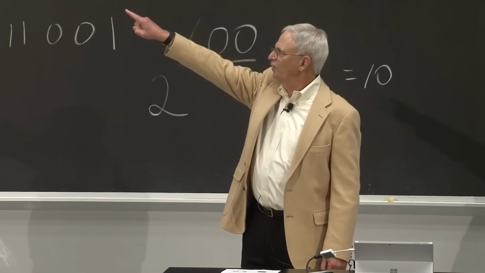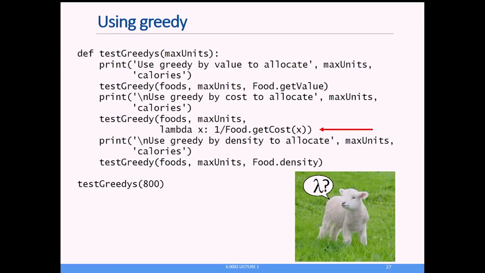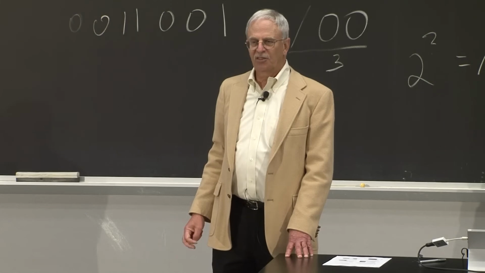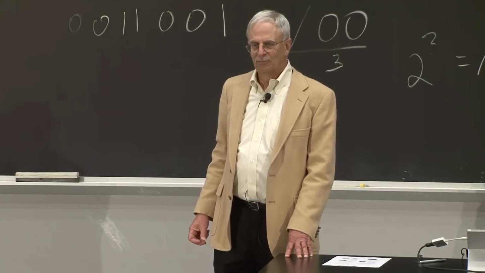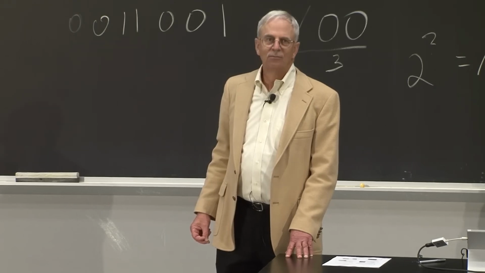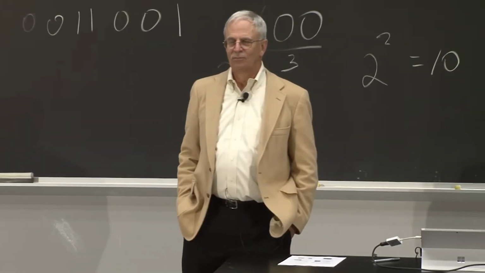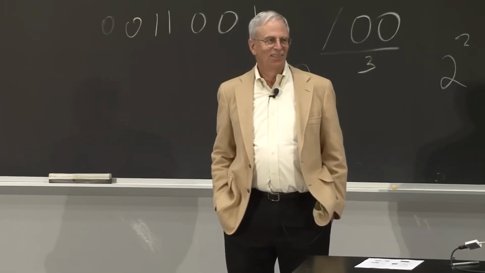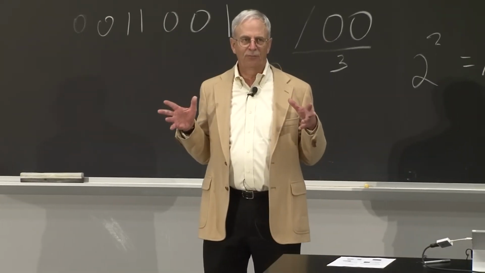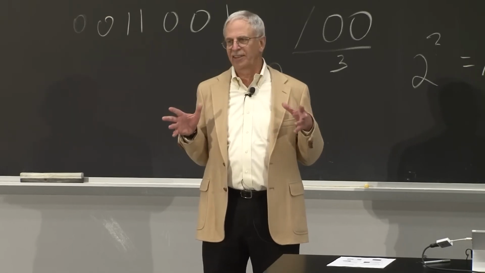So I'm taking the function getCost from the class food, and I'm passing it the parameter x, which is going to be what? What's the type of x going to be? I can wait you out. What does the type of x have to be for this lambda expression to make sense?